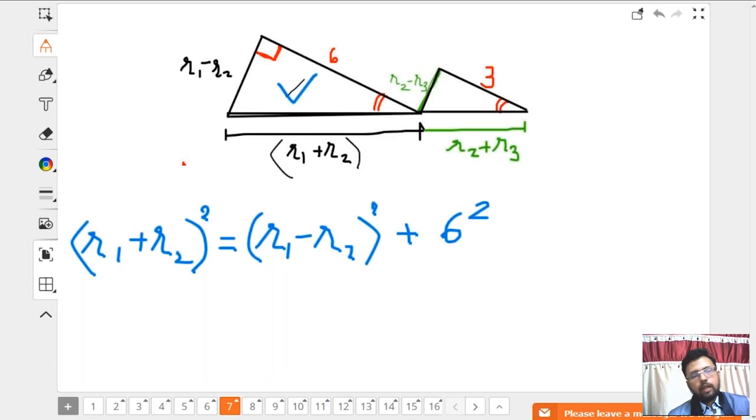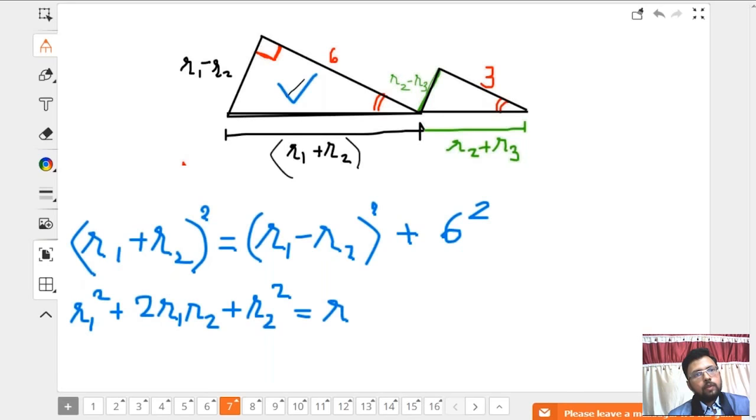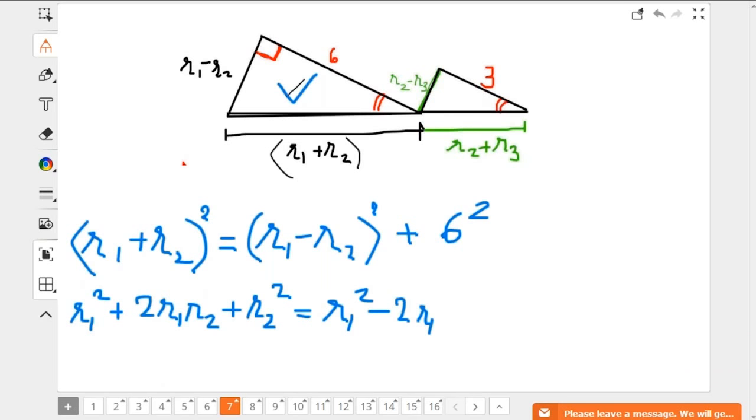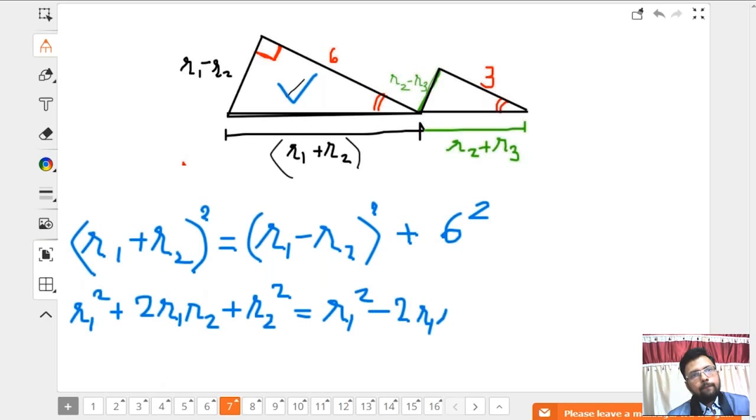We are applying it to only that triangle. So what do you get? Open the bracket. R1 square plus 2R1R2 plus R2 square is equal to R1 square minus 2R1R2 plus R2 square plus 36.